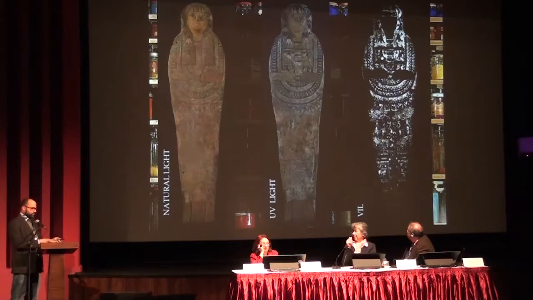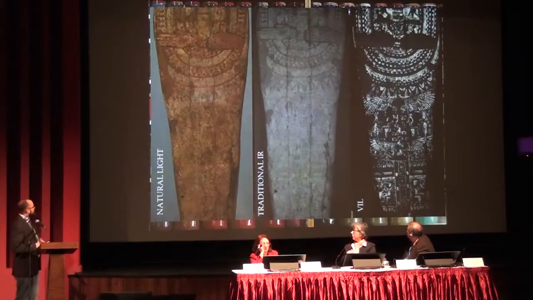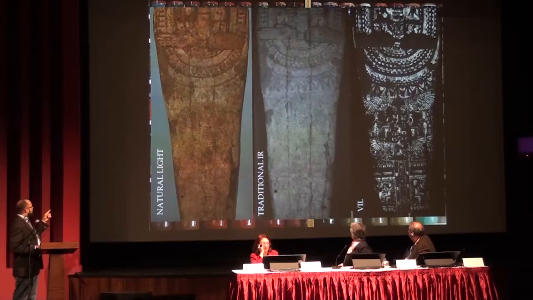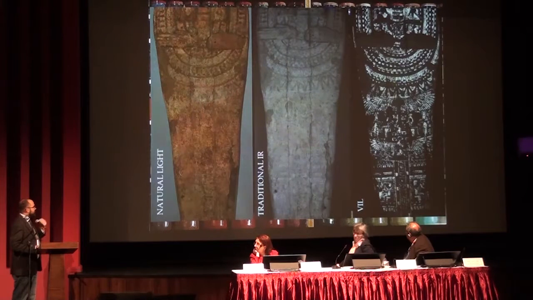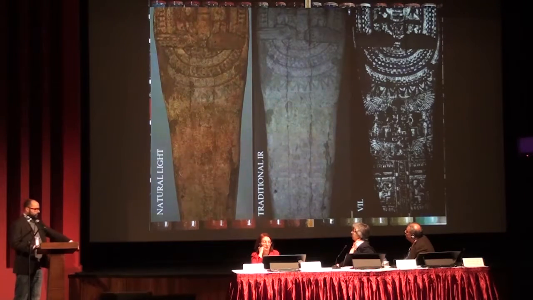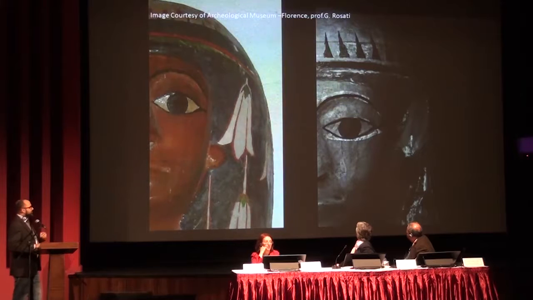In this case, the sarcophagus was completely covered by a sort of degradation of the ground layer and mud. With a traditional photo, we cannot see anything. But with VIL, we can see everything that appears shining, because the decorations were made principally with Egyptian blue, and because it's a re-emitted light.